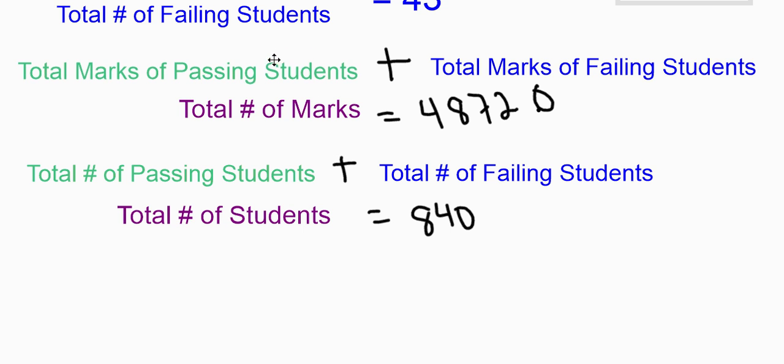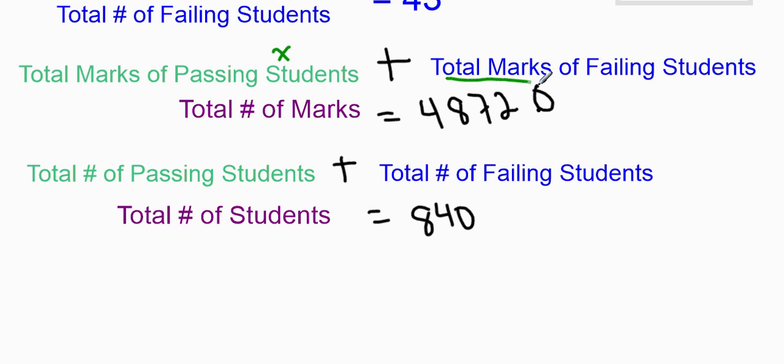So that's the information I'm going to use to identify my variables. Because if I, for example, decide to call this, let's just say x, then I can call this 48,720 minus x. Does that make sense? Have a look at the math, right? If this is 100, then this is everything else. If this is 1,000, this is everything else.